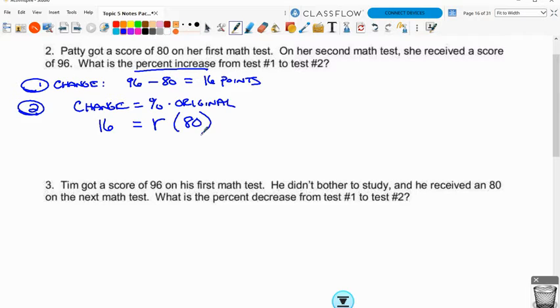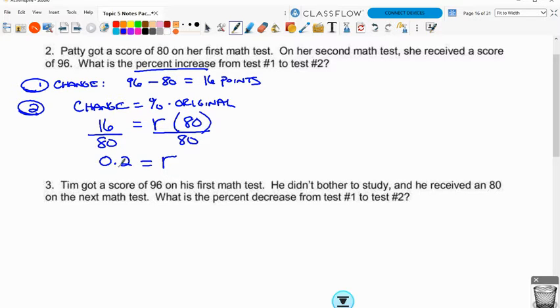Now let's calculate the value of R. R is on the right-hand side, but it's being multiplied by 80. So we're going to have to divide by 80 on both sides to get the value of R. On the right, 80 divided by itself is 1, leaving us with R. Punch in 16 divided by 80 into your calculator, and that's going to give you a decimal of 2/10.